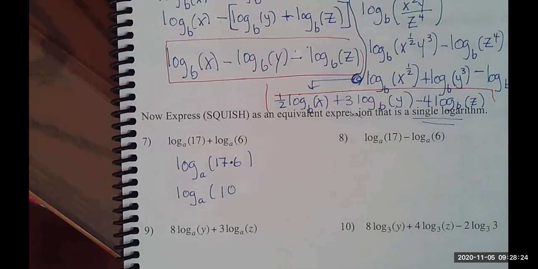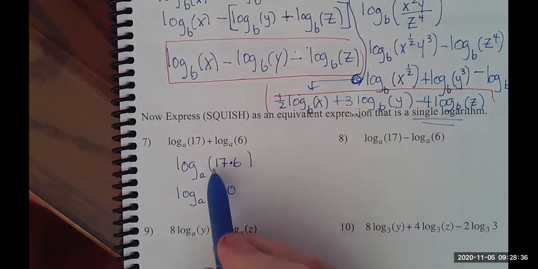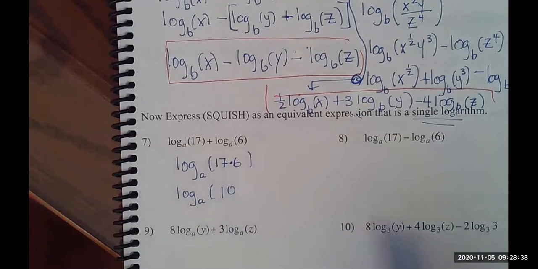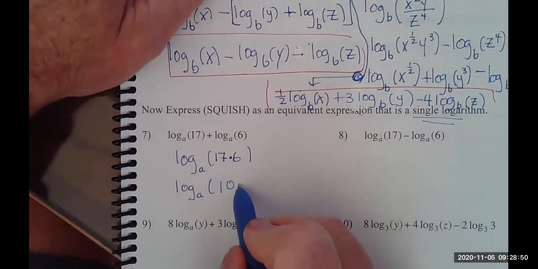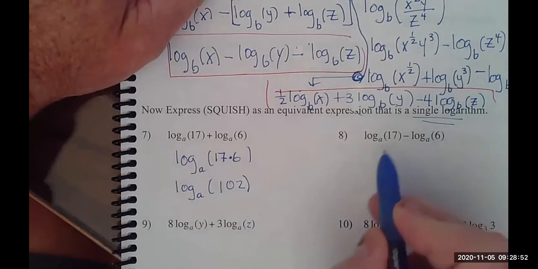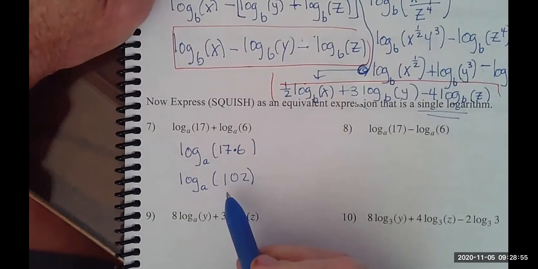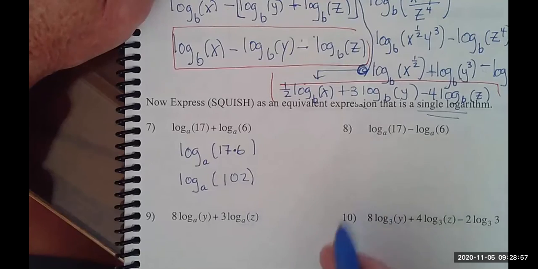I went 7 times 6 is 42, and then 6 times 10 is 60. 60 and 42, I can do that in my head. Sometimes I make a mistake, but anyway, mental arithmetic. 102. If someone checked me, that would be helpful so I don't have an incorrect answer.